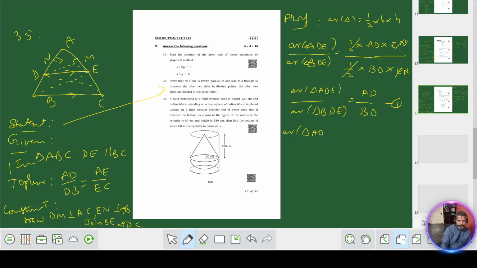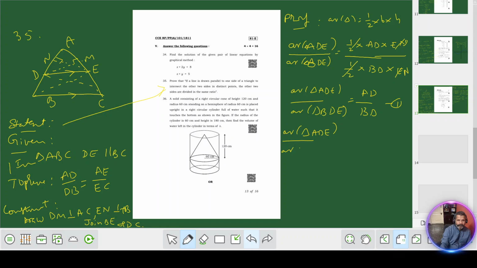Area of triangle ADE by area of triangle DCE.